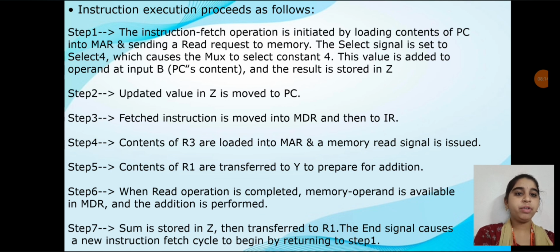Step 6. When the read operation is completed, the memory operand is available in MDR and the addition is performed. Step 7. The sum is stored in Z, then transferred to R1. The end signal causes a new instruction fetch cycle to begin by returning to step 1.